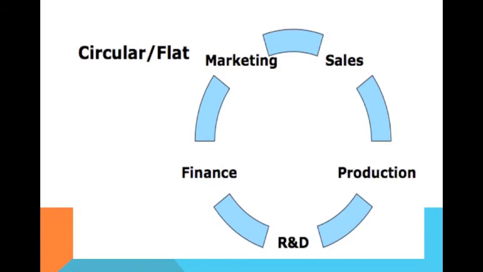And then last, we see the circular or flat structure. And this is somewhat similar to the centralized or entrepreneurial chart you saw before. And here there is a sense of connection between all of the departments, yet there's not enough connection to form a Venn diagram.